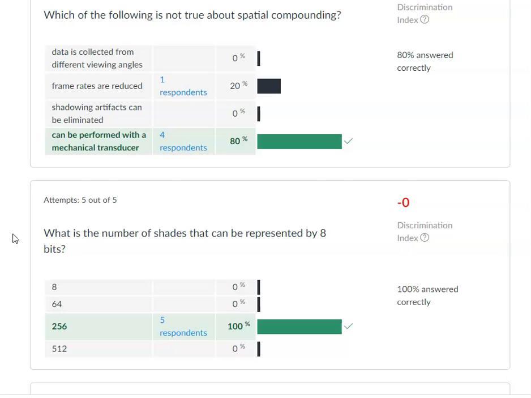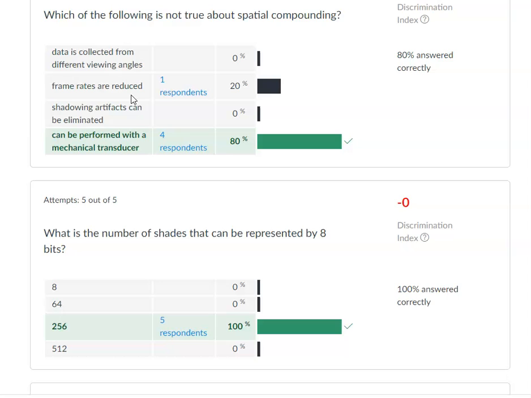Which of the following is not true about spatial compounding? And the answer is that it can be performed by a mechanical transducer. No, that's not true because we're going in at different angles, which we see here is true. Spatial compounding can eliminate shadowing artifacts, and because you're going in at different angles, you're using multiple pulses, which means that your frame rates are going to be reduced.